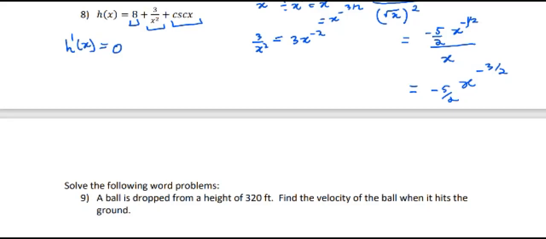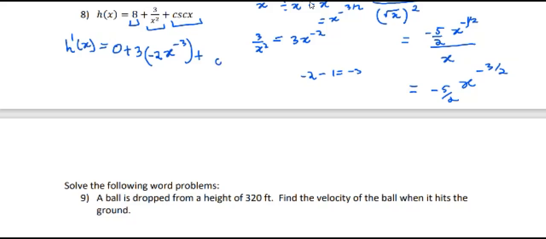To find the derivative of 3x to the power negative 2, we bring down the exponent and multiply by negative 2, and we have an x. The exponent will be negative 2 minus 1, which is negative 3. So the answer is negative 6x to the power negative 3, plus the derivative of cosecant of x.